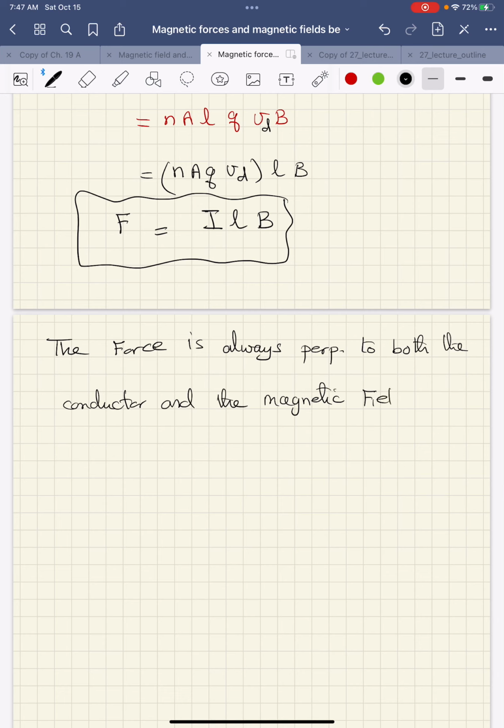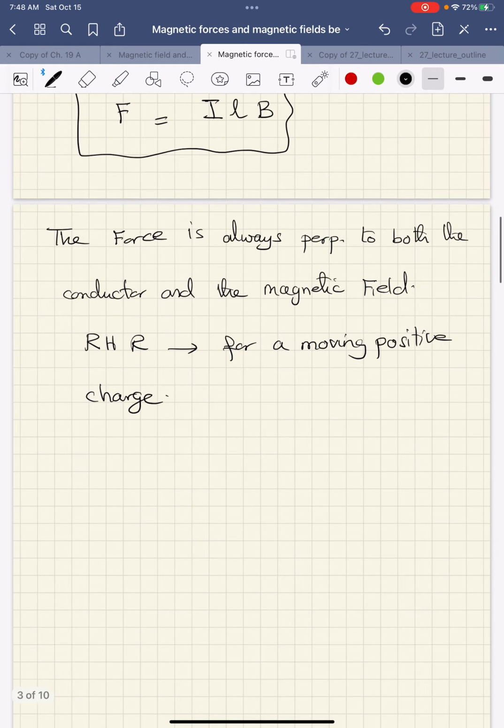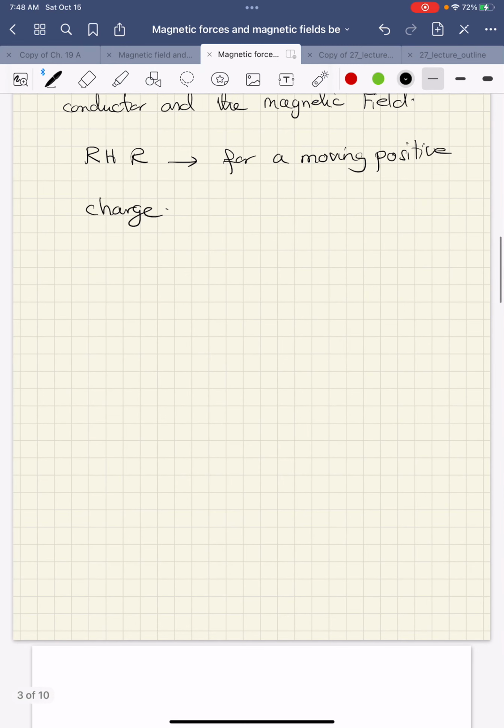And we use here again the same right hand rule for a moving positive charge that we outlined in part A of this topic.